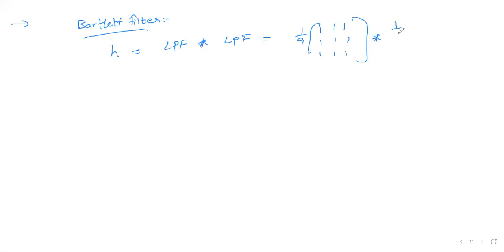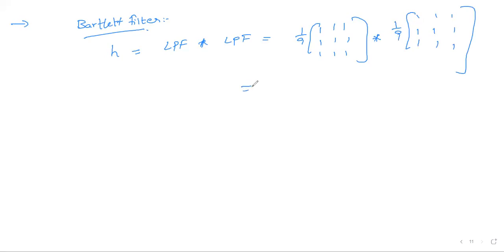Third one, Bartlett filter. Bartlett filter is given as h equal to LPF convolution LPF. So that is 1 by 9, 111, 111, 111, convolution 1 by 9, 111, 111, 111.